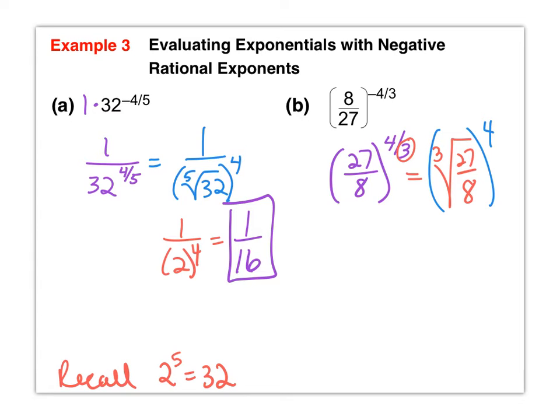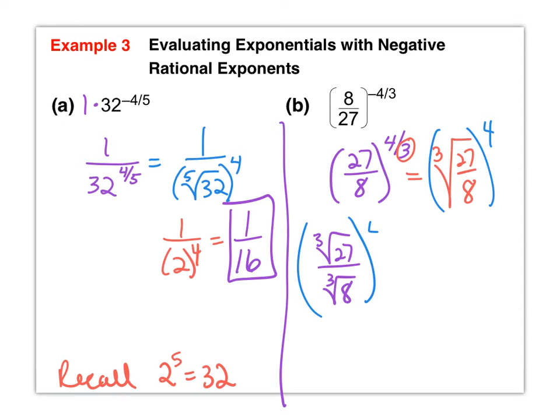Further, we can take the cubed root of the numerator and the cubed root of the denominator. We can write this as the cubed root of 27 divided by the cubed root of 8, that entire quantity raised to the 4th power. And the cubed root of 27 is 3, and the cubed root of 8 is 2.